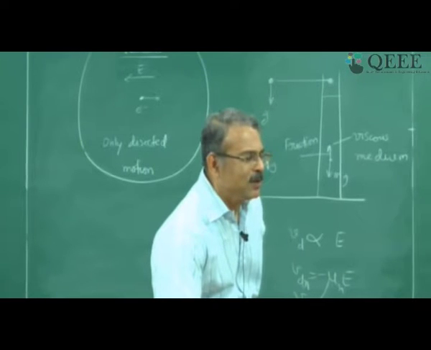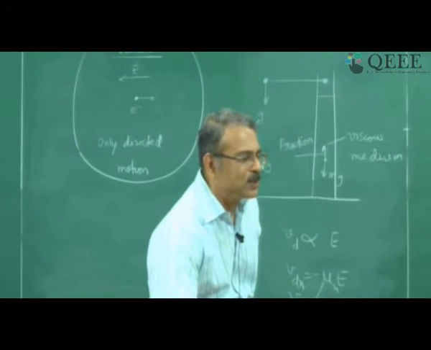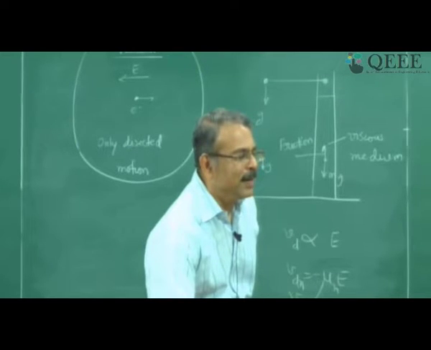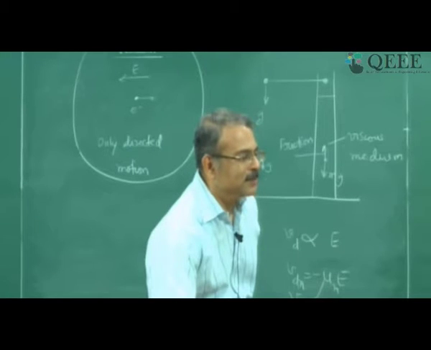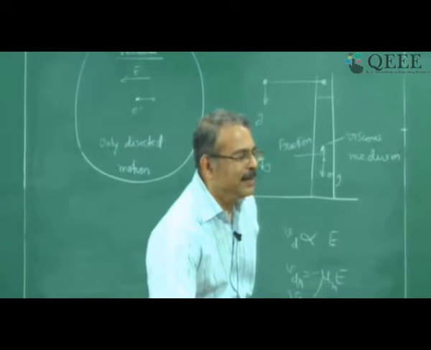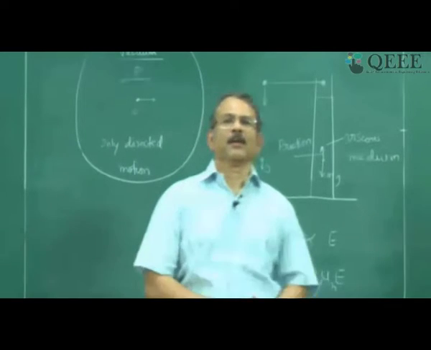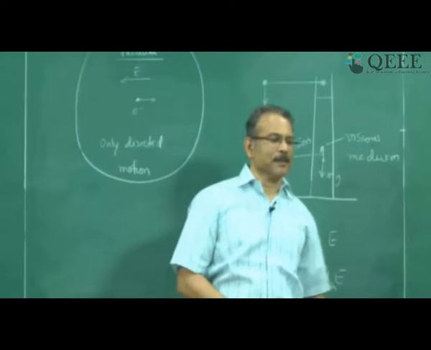So charge is negative for electrons, therefore minus q n. Now substituting for Vd as mu n times E, you get Qn mu n E, and similarly for holes, Jp is Qp Vd equal to Qp mu p into E. This is the formula for drift current.